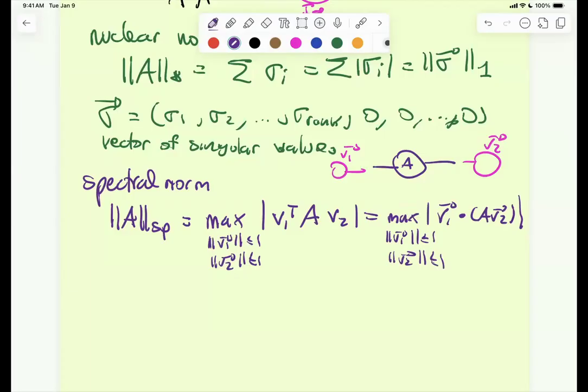The proof could be an SVD decomposition, but you have to be more careful about that. You could think about it for a concrete matrix because it's a max over two things. It has two conditions, so maybe it could be possible.